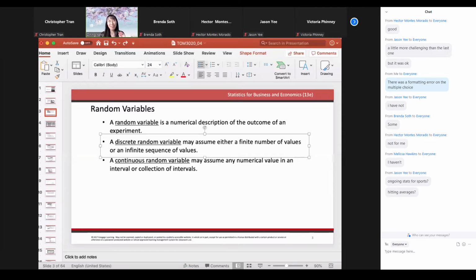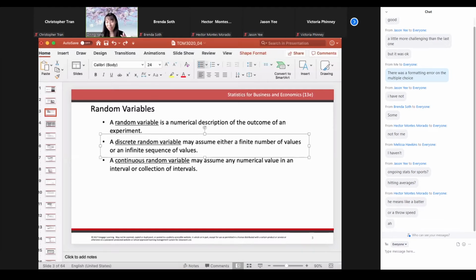So is there any value you can't take? Oh, okay. No, speed is not, because I'm talking about discrete variables. There is no gap when you measure speed. It could be any value.